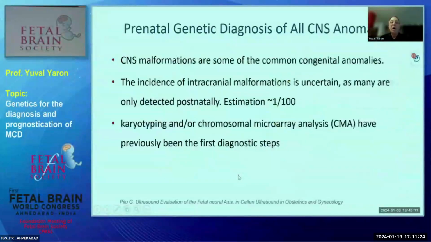So now moving on to the challenge of prenatal genetic diagnosis of malformation of cortical development, beginning with brain abnormalities in general. These are quite common abnormalities, and they're thought to occur in as many as 1 in 100 individuals, of course, not all of them severe. And in the past, the way to diagnose them was karyotyping or chromosomal microarray.